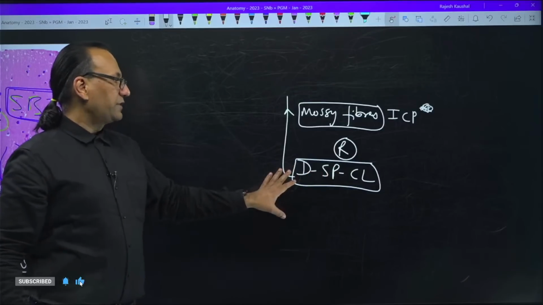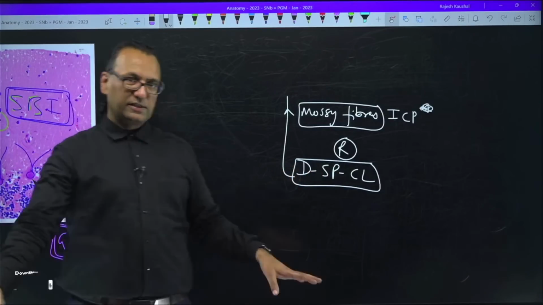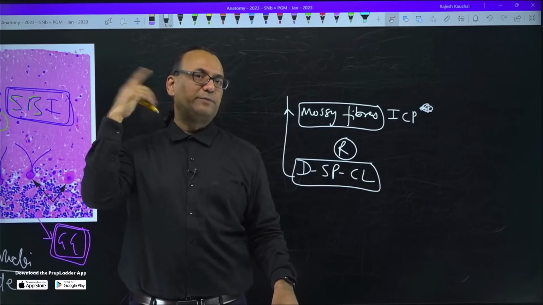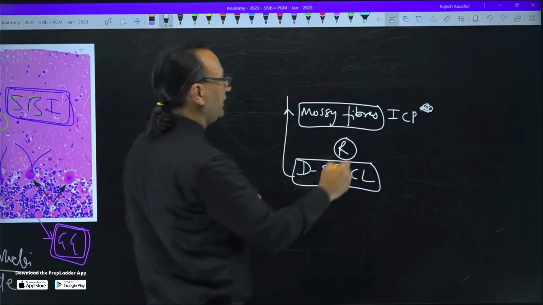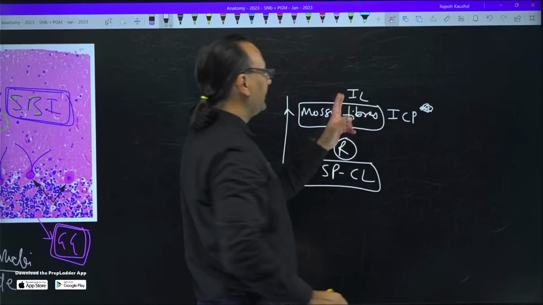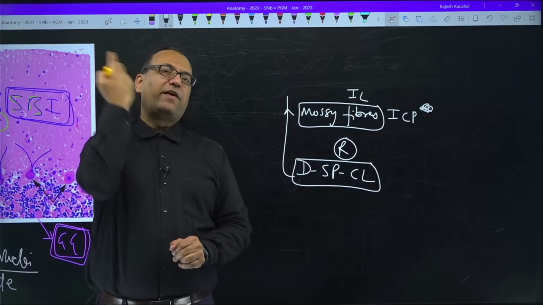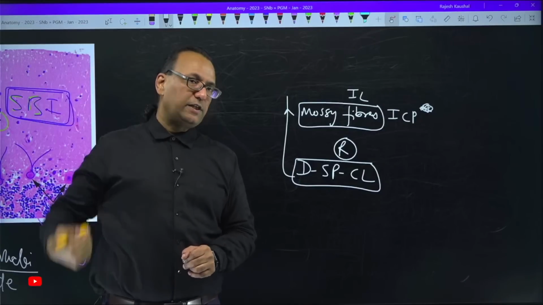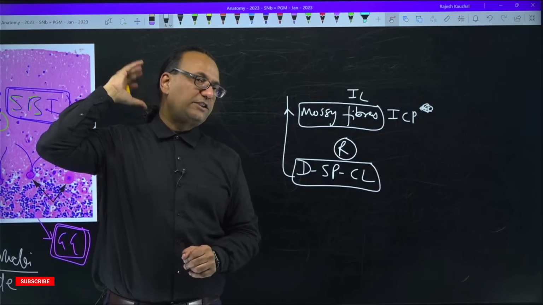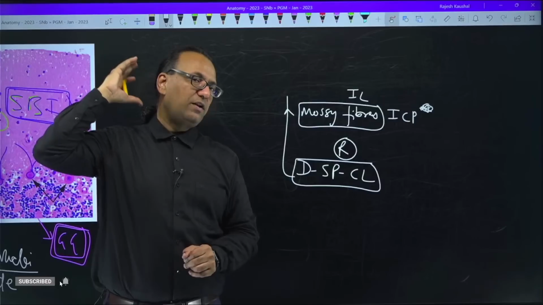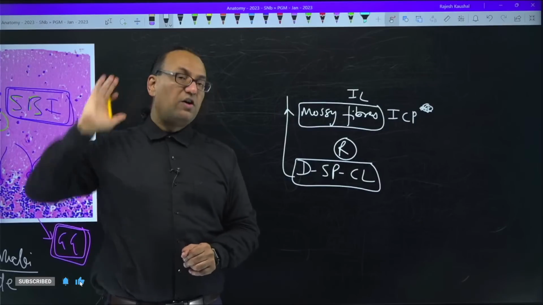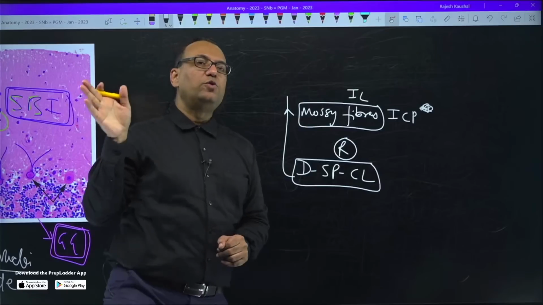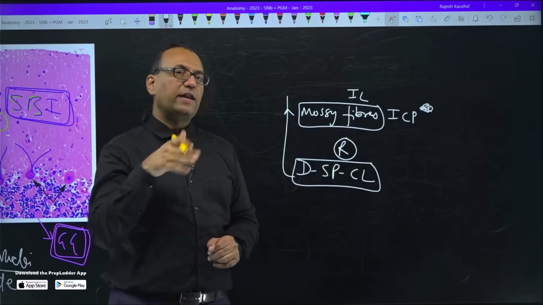The dorsal spinocerebellar tract goes ipsilaterally, same side, entering the same-sided cerebellum, because cerebellar controls are ipsilateral. If there is a lesion on the right cerebellar hemisphere, the problem will be on the right side only. Right lower limb will not be able to be used properly for walking in a straight line.